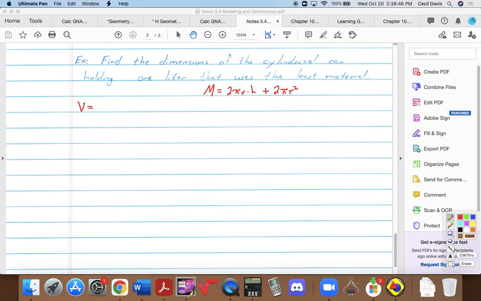Centimeters cubed. Isn't a milliliter a centimeter cubed? Yeah. So 1,000 cubic centimeters.